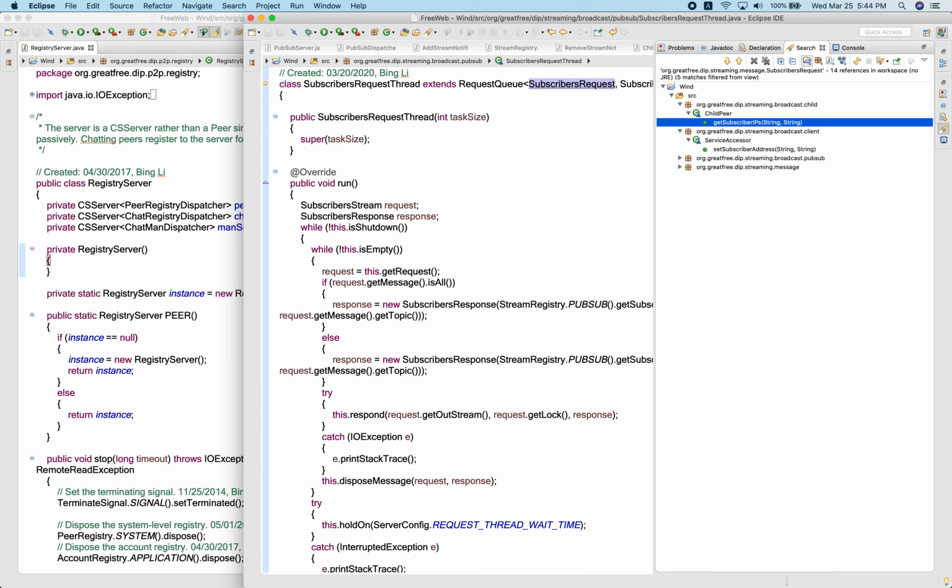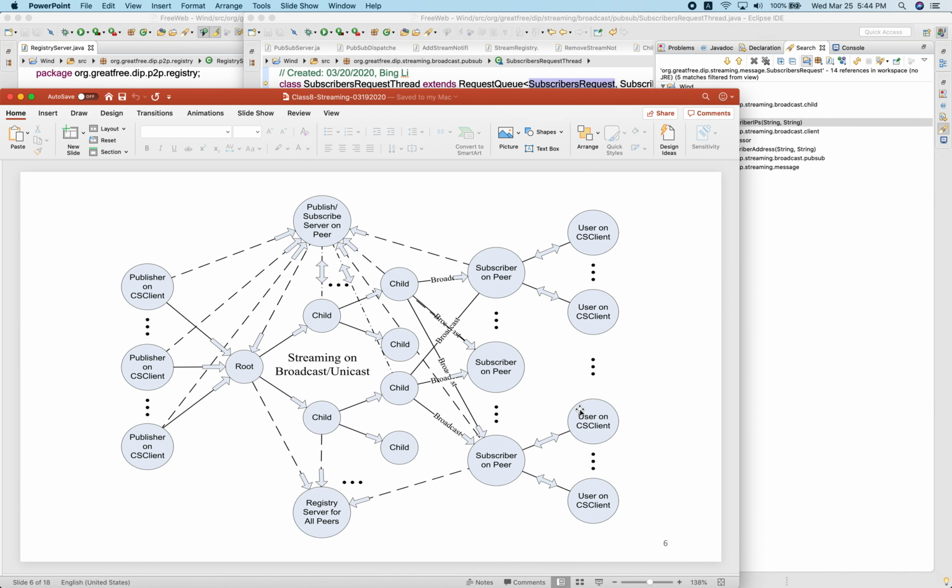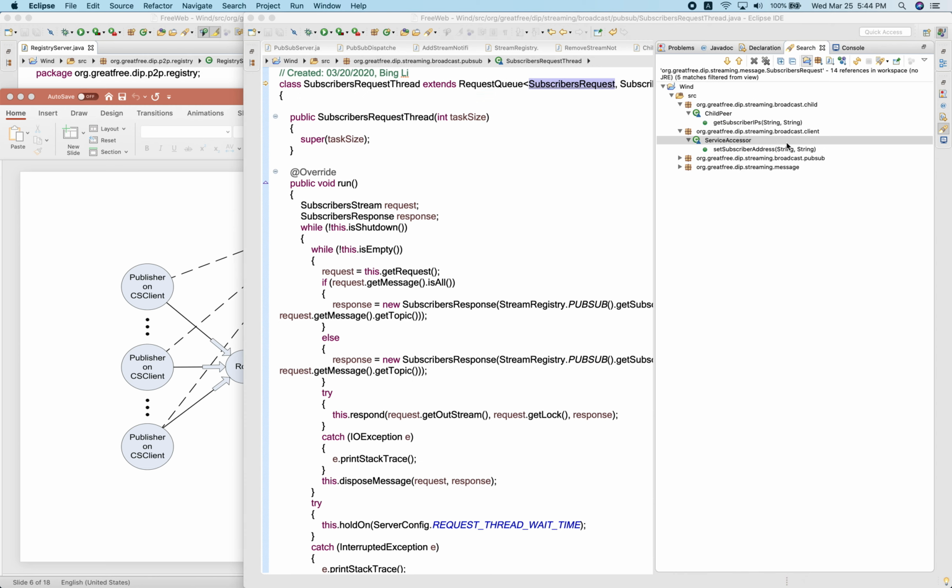What is a clan? I use a different term here. This is a clan. Now in this diagram, I call it user. The clan actually is a user, because I use another term. It doesn't matter, right?